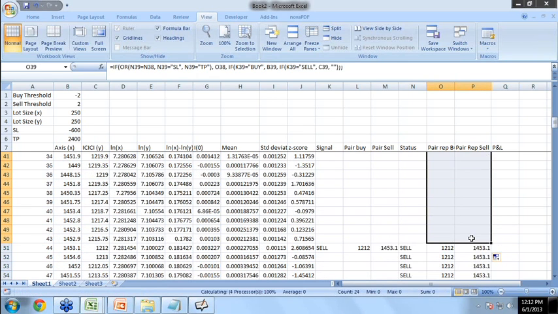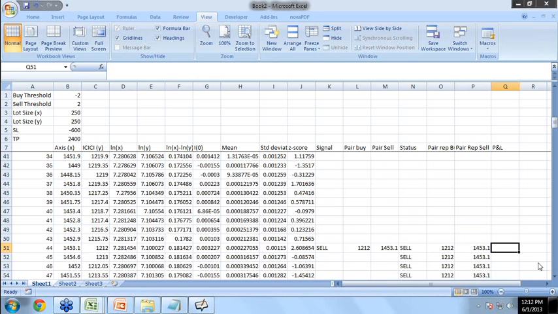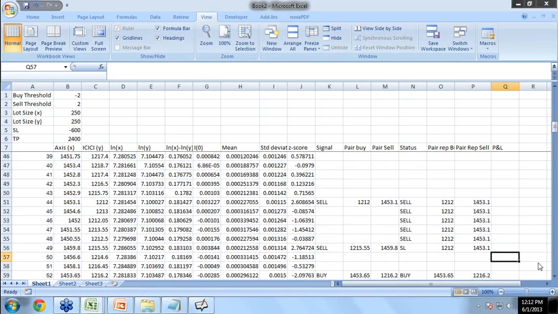Now to calculate the profit and loss, the simple thing that we can follow is: if this cell is equal to stop loss or take profit, only in those cases will you be populating something in this cell. So if this is equal to SL or this is equal to TP.